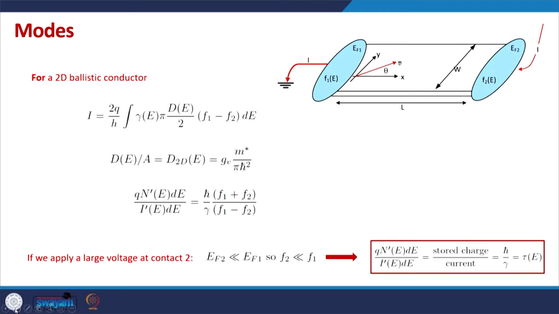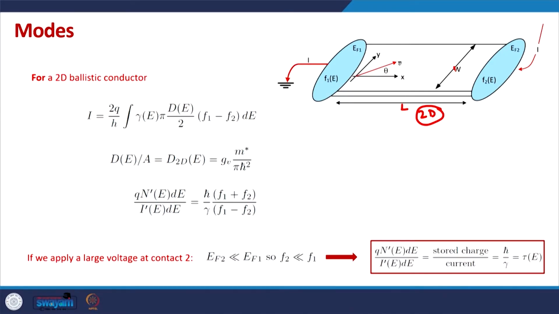As a starting point we take a 2D channel, and the 2D channel is taken just for the sake of better visualization, because we can visualize a 2D material in a much better way. So, the channel has length L, it has a width W, and the density of states in the 2D channel, you might recall, is given as m star divided by pi h bar square.